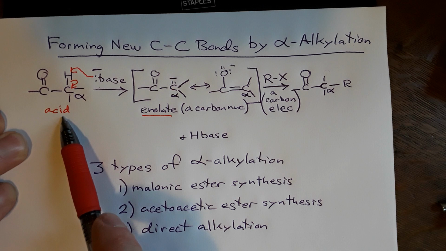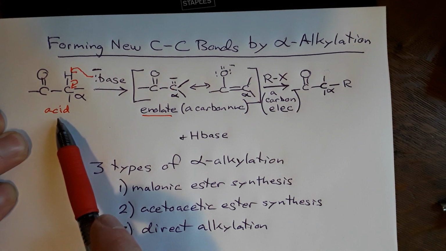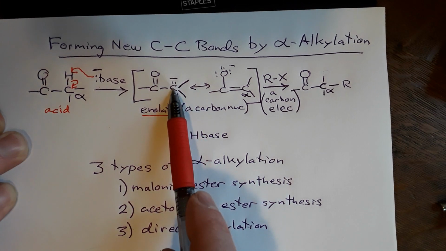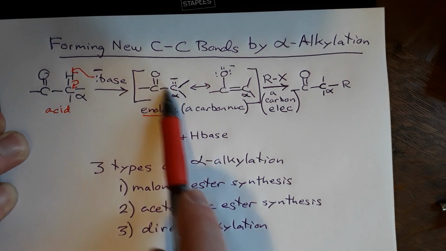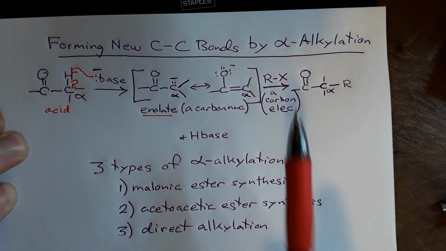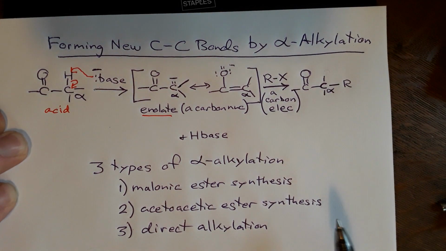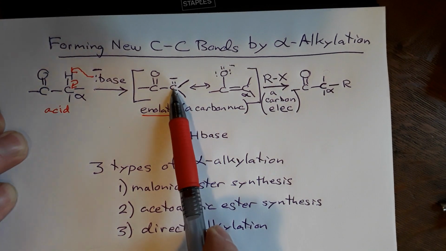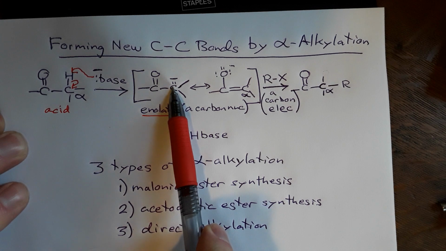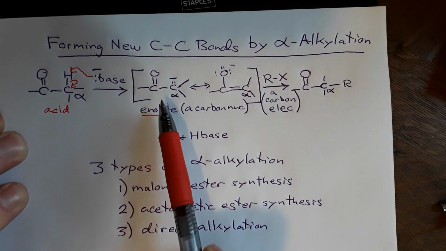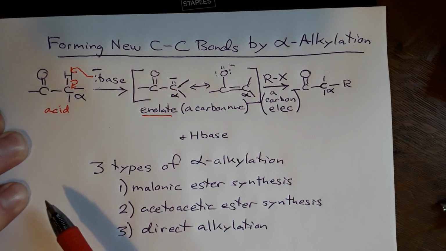So when we make an enolate, we end up putting a negative charge on a carbon and an oxygen, and we'll find out that most of the reactions that will form stable products will be the enolate reacting at the carbon site as opposed to the oxygen site.